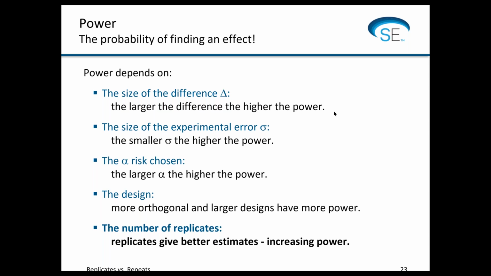And then there's the size of the experimental error. The smaller the experimental error, the better, so anything you can do to reduce the experimental error is going to help. For example, when I did real work, working in a pilot plant, we could take samples from our reactors, and we had a little lab. We could do a wet analysis and measure things, and we'd have a certain sigma.